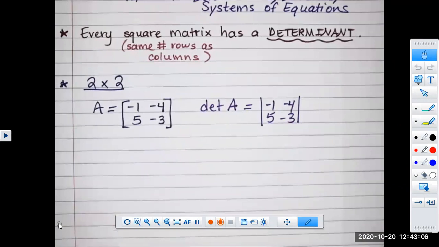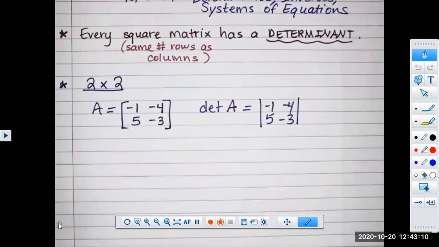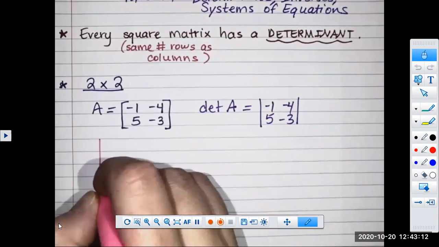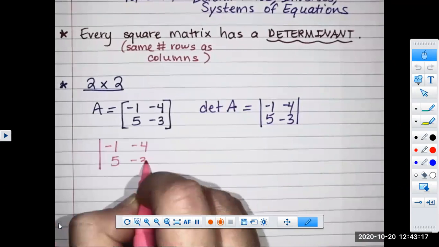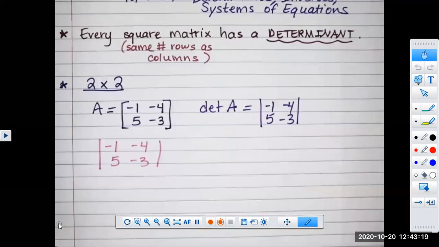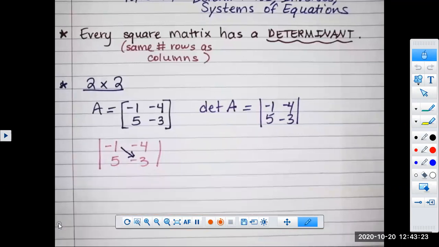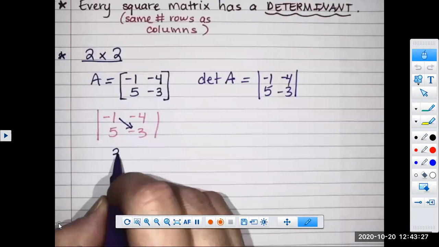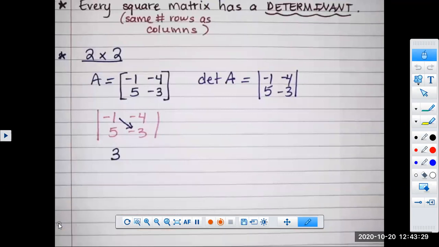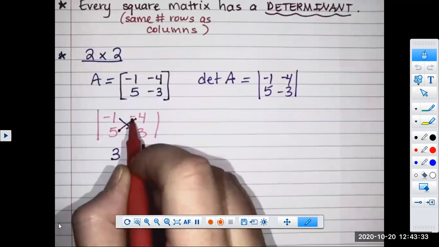All right, determinant of 2x2, very simple. You're simply going to multiply, and you don't have to write it again. Just going to show you the process. You're going to multiply diagonally from the top left to bottom right first. And then you're going to multiply from the bottom left to the top right.